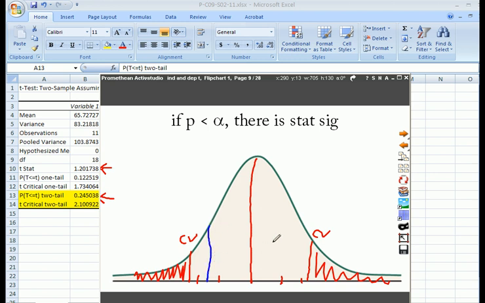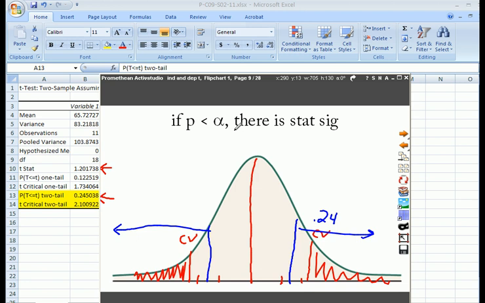That leaves us with a calculated value of 1.20 and 0.24 of the curve. Notice 0.24 is much bigger than 0.05 of alpha. It doesn't wind up in the rejection region.